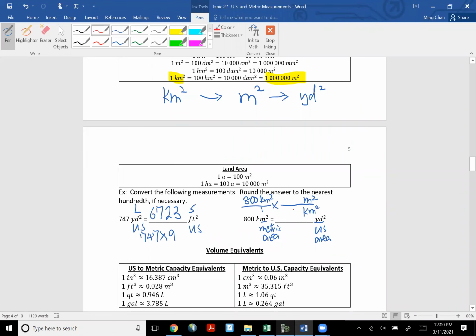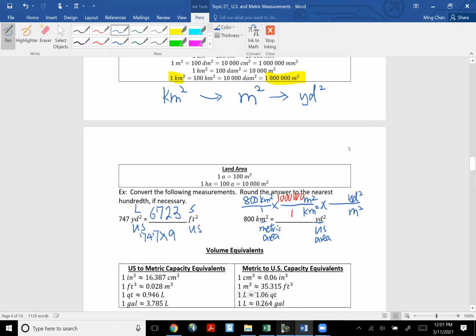Writing my ratio, 1 square meter for a million. Okay, now once I cancel out the square kilometer, now my square meter. Then to go from square meter to yard, I will multiply by another fraction, put my square meter down here, put the square yard up here.